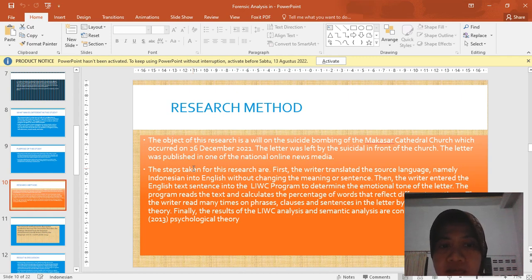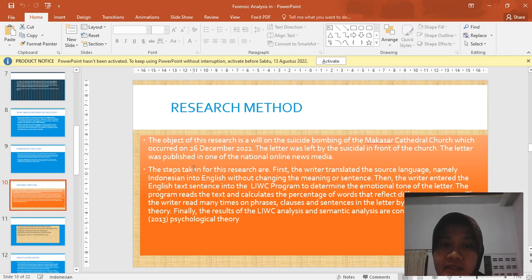The steps taken for this research are: first, the writer translated the source language, namely Indonesian, into English without changing the meaning or sentence. Then the writer entered the English text into the LIWC program to determine the emotional tone of the letter.